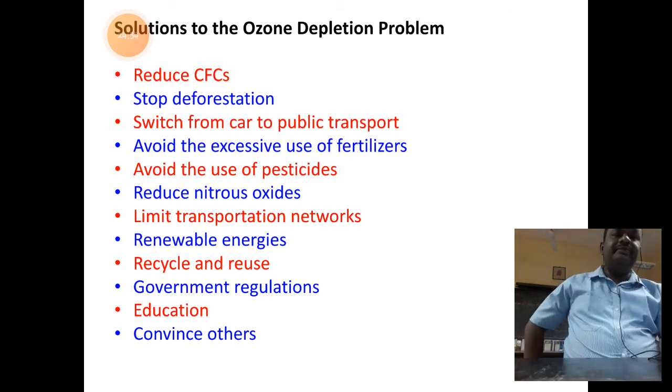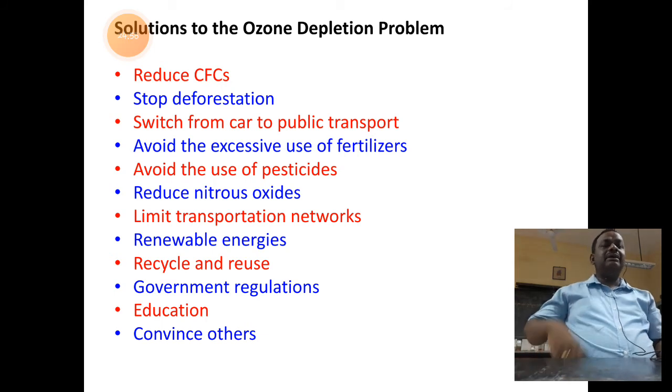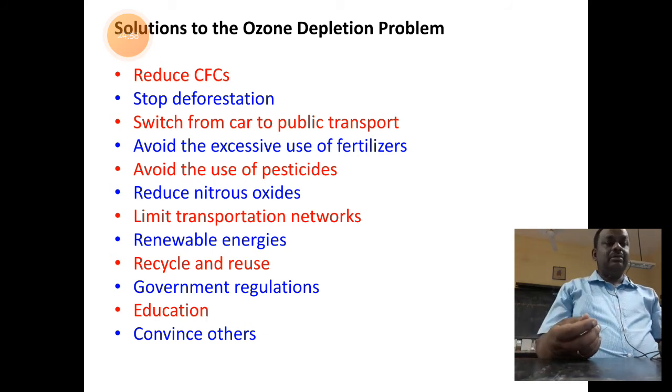Well, students, how do we reduce the problems of ozone layer depletion and help the future generation then? Here are a few solutions listed below. Number one, reduction of CFCs. As we know, CFCs are major factors of ozone layer depletion.